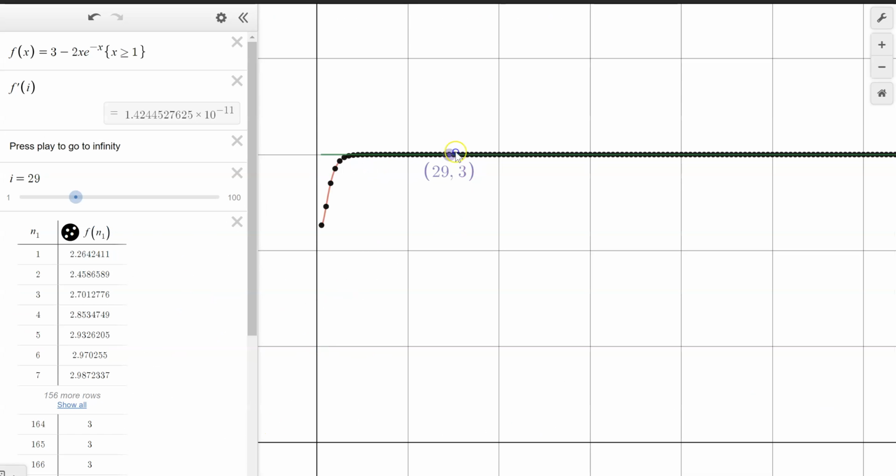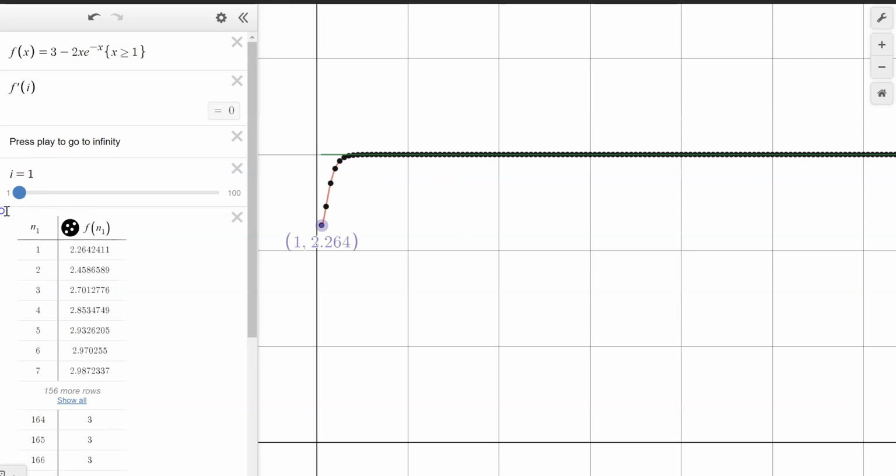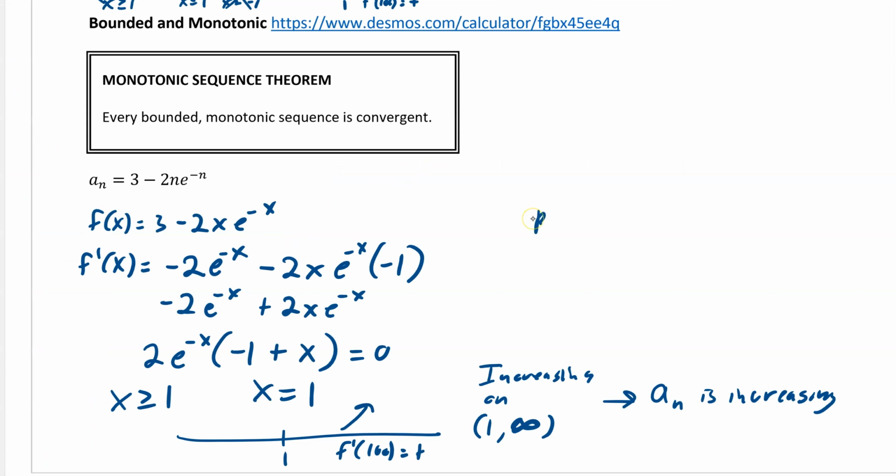Look at that again. So our smallest value is a sub 1. And we know that's going to be the smallest value because our function is increasing, which means our sequence is increasing. So since we're starting at 2.264, we know that is the smallest amount. And then it's increasing all the way until the limit, which is our 3. So it is also bounded by a sub 1, which is whatever we get for that beginning, and 3.